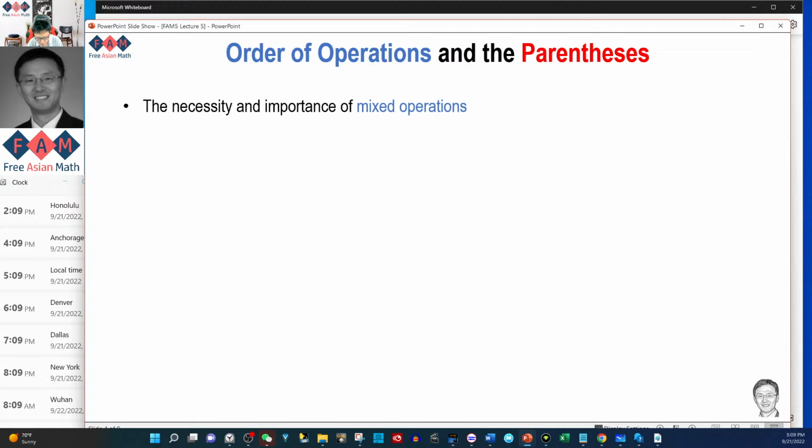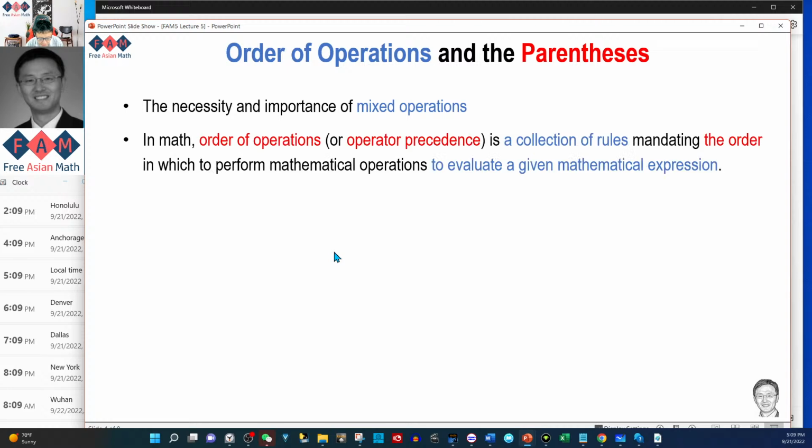So with this mixed operation, we need to have a set of rules. This is a collection of rules mandating the order in which we can perform those mathematical operations. But the goal is to evaluate a given mathematical expression.